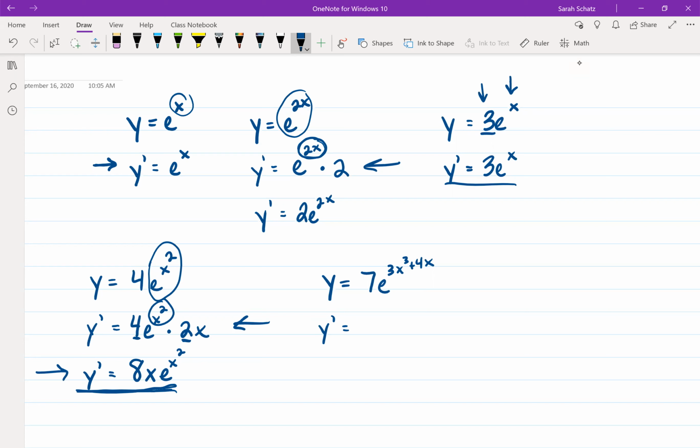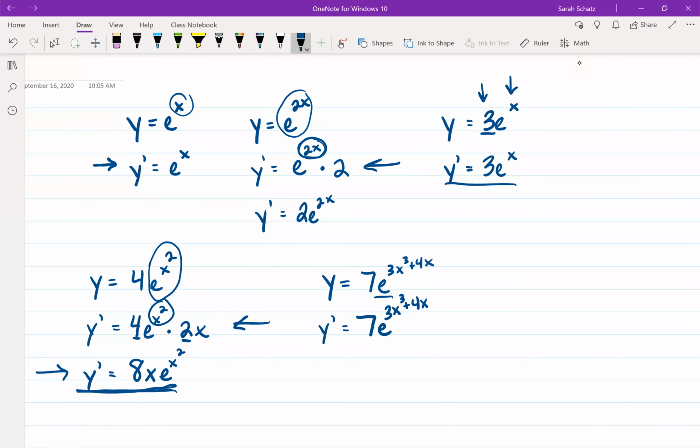The first thing you do is notice this is exponential. So we deal with it as an exponential. We bring the coefficient down. The e term, because it is an e term, comes down exactly the same with no changes.